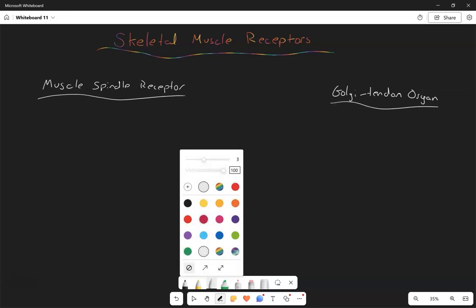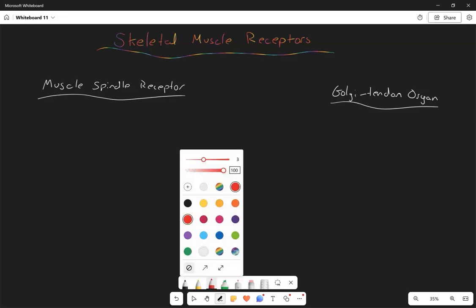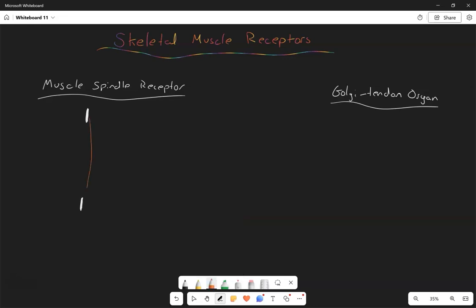So the muscle spindle receptor, if we look at, is found deep within the muscle. So we look at a muscle, I'm going to draw, let's just draw a tendon here. Okay, and then let's draw a tendon down here. Okay, and if we draw the muscle, we have muscle fibers like so. Right, form that nice little belly.